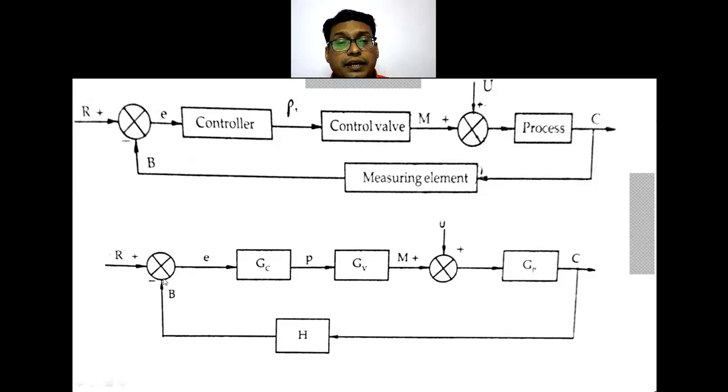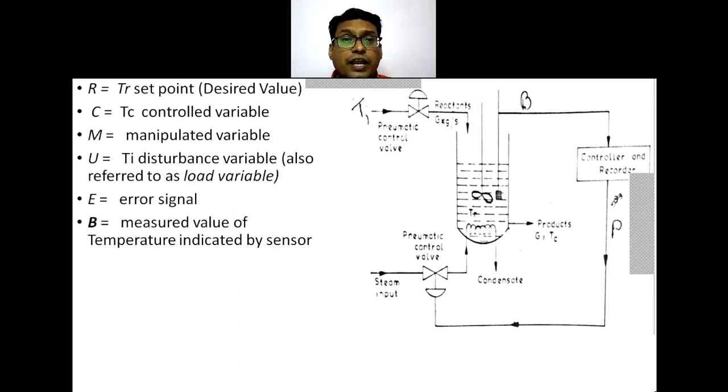This comparator compares the set point with the measured value B and generates an error E. So we have R, the set point or the desired value; C, the controlled variable; M, the manipulated variable; U, the disturbance or the load variable; and E, the error generated, which is R minus P, where P is the measured value of temperature indicated by a sensor.